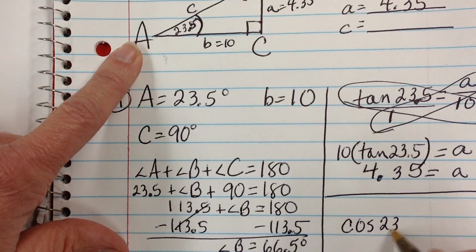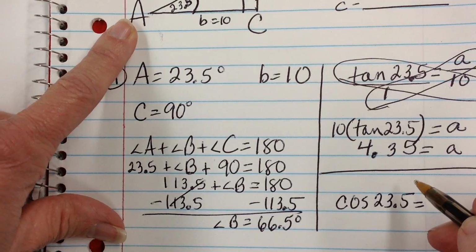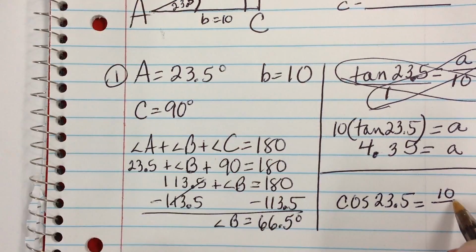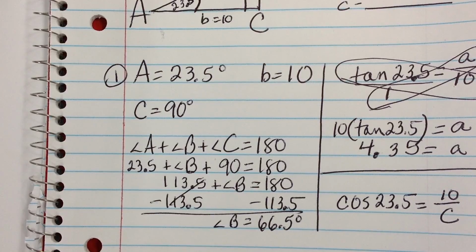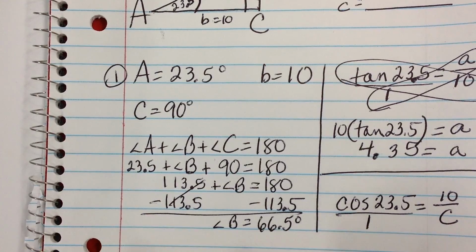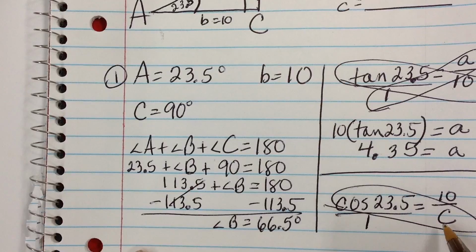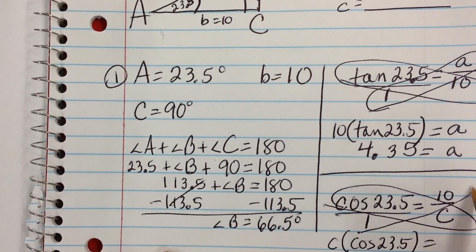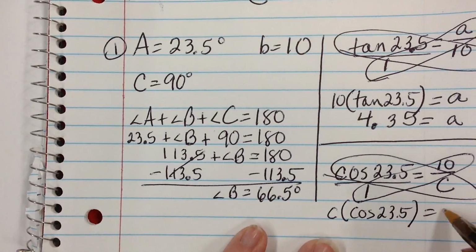Cosine of 23.5 is equal to b, which is 10, that's your adjacent side, over your hypotenuse, which is c. So now I have my last proportion that I need to solve for side c. So I'm going to think of cosine of 23.5 over 1, and let's cross multiply. So that's c times cosine of 23.5 equals, cross multiplying here, 1 times 10 gives me 10.